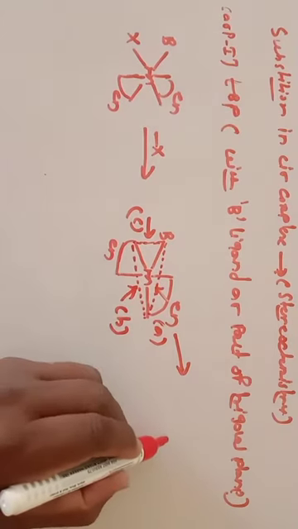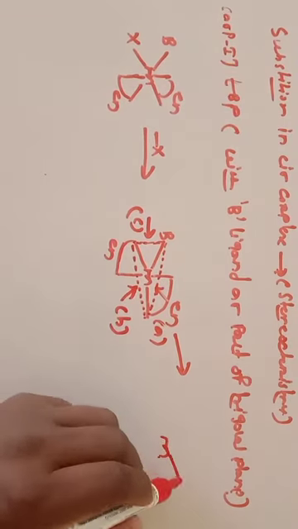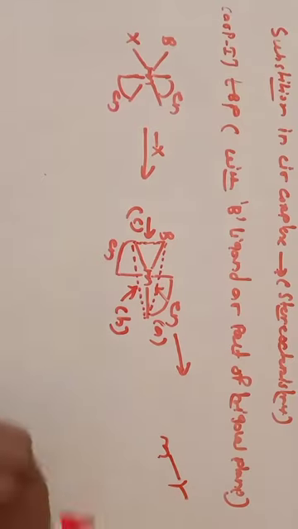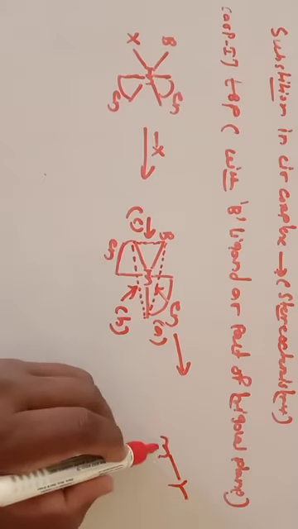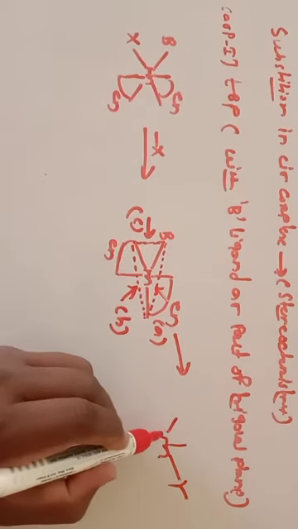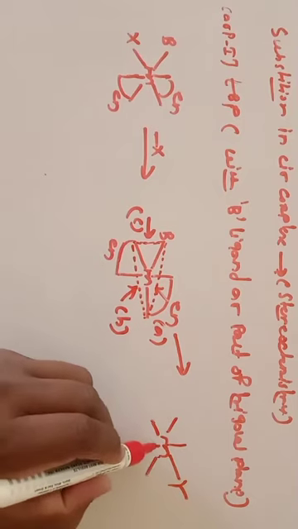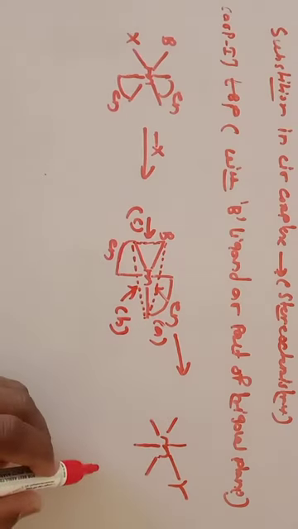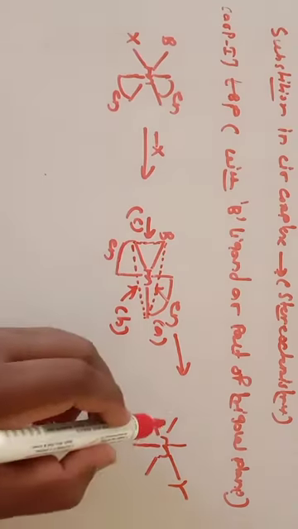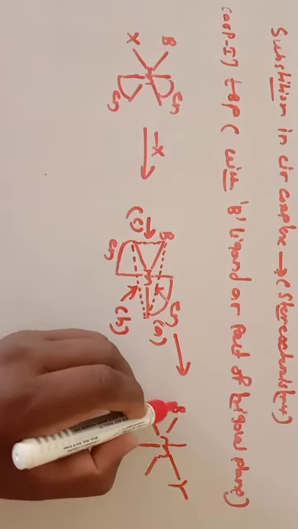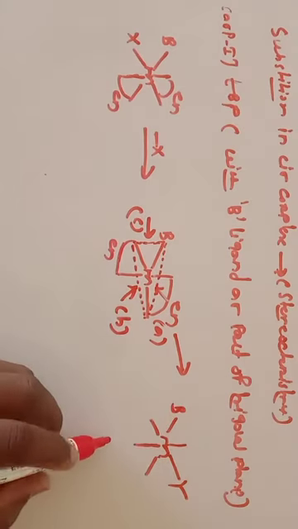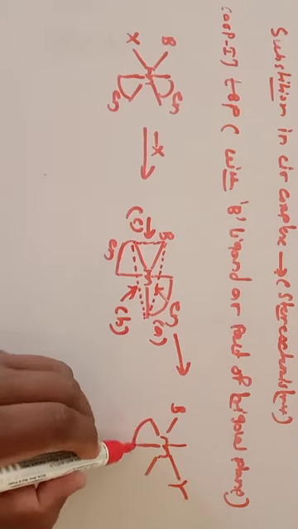Here this is your metal, and this is your incoming nucleophile Y, this is your B, and these are your en.